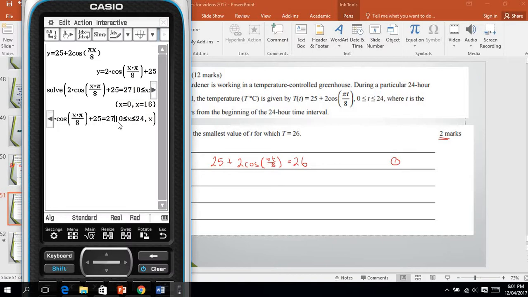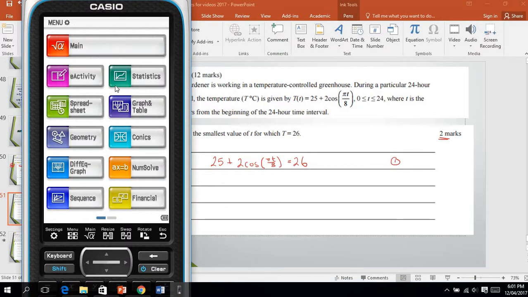But instead of solving equal to 27, this time we want to know where it's equal to 26. And we get our values 8 on 3, 40 over 3, and 56 over 3. We want to find the smallest value of t for which it is equal to 26, so that would be an answer of 8 over 3. Be careful, it did not tell you to give this as a decimal, so we need to give the exact value answer.